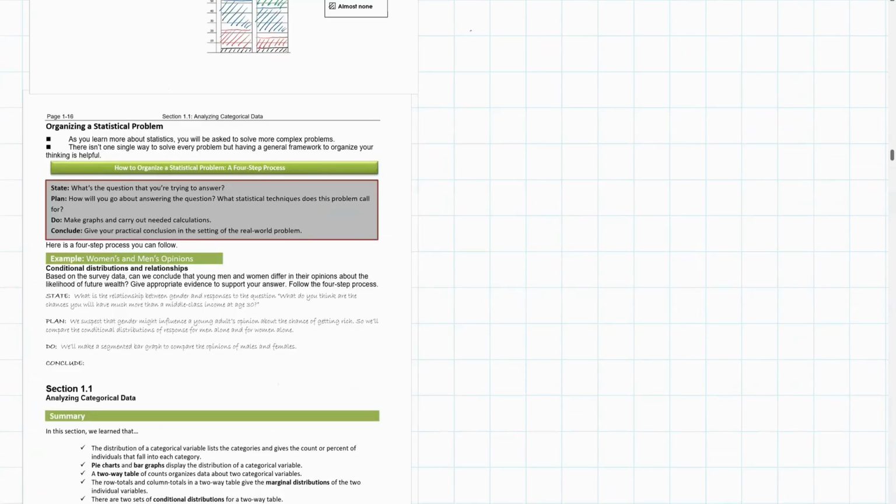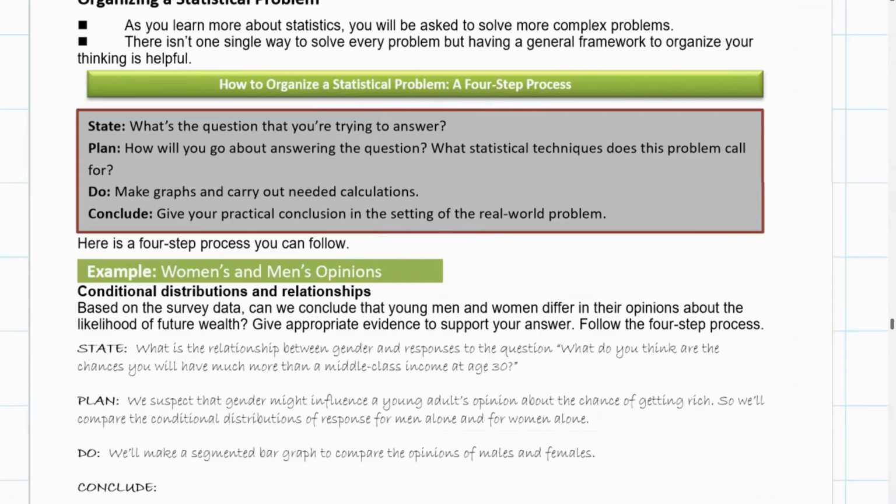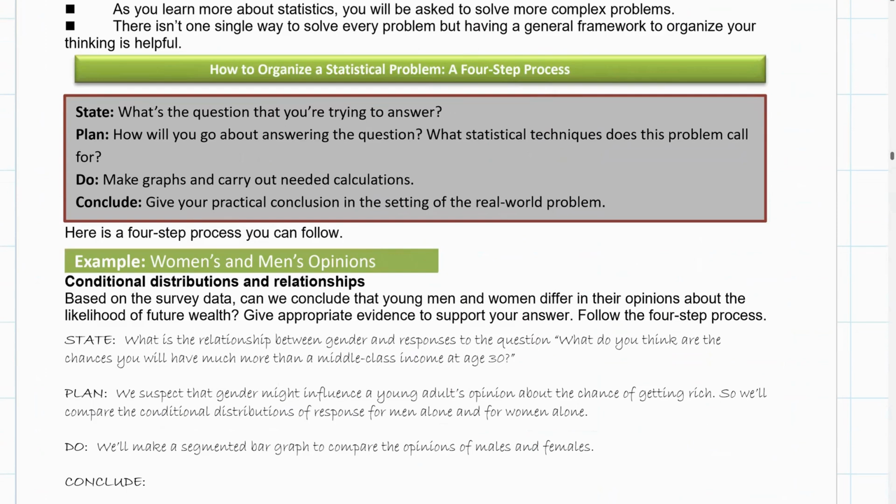Now our book tries to give you a structure for dealing with questions, and they call the structure the four-step process. It basically says, if you're going to do work on some statistics, why don't you break this problem down into some steps that are easy to manage?